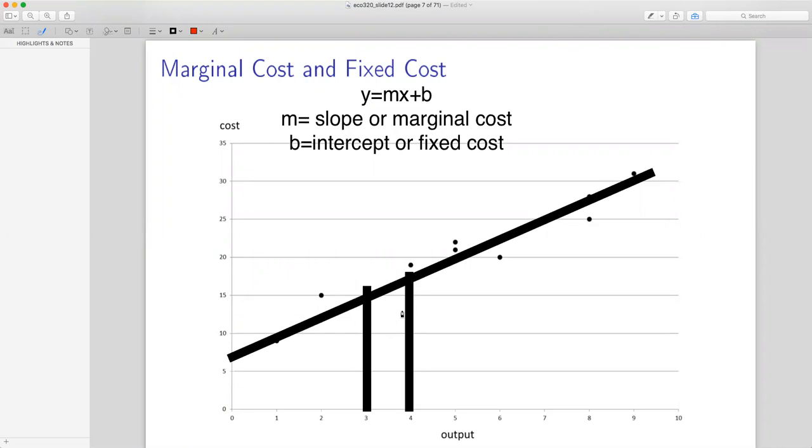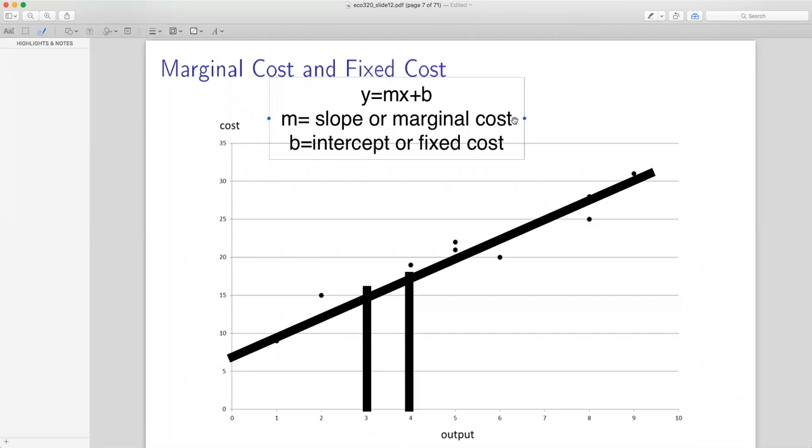In other words, when x changes something, how much does y change? That is the slope. In this case, x increased by 1, how much does y increase, or the change in y over change in x, that is the slope, or our definition of marginal cost. When x increased by 1 unit, how much does the total cost increase, that was marginal cost.